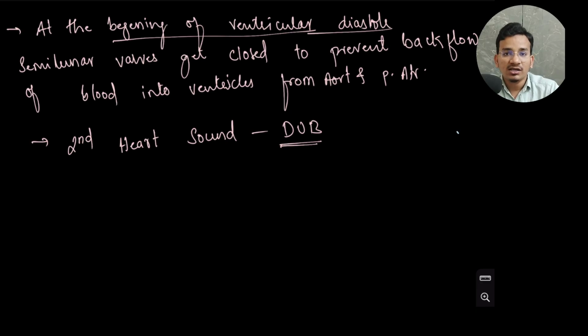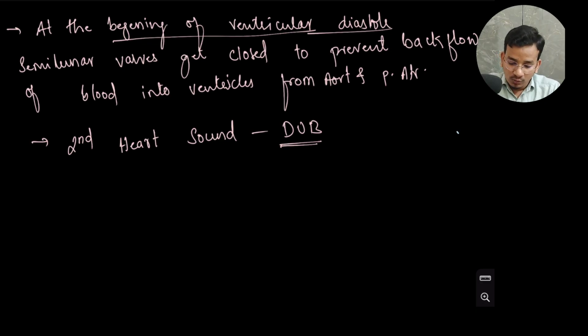The first heart sound is produced at the beginning of ventricular systole due to the closing of AV valves, whereas the second heart sound is produced at the beginning of ventricular diastole due to the closing of semilunar valves to prevent the backflow of blood into the ventricles from the aorta or the pulmonary artery.